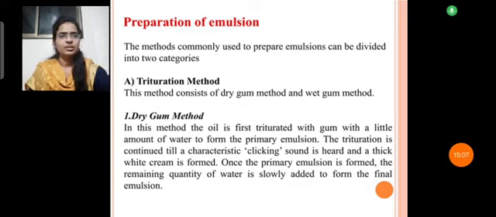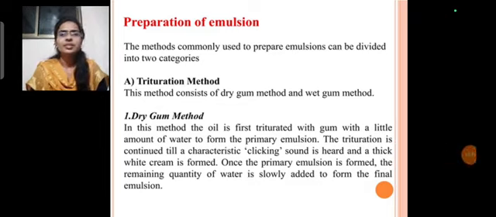Then first is the dry gum method. In this method, the oil is first triturated with gum and a little amount of water to form the primary emulsion.